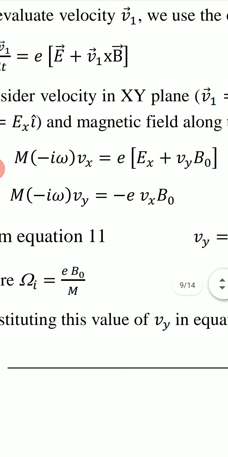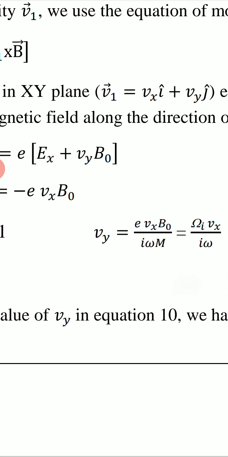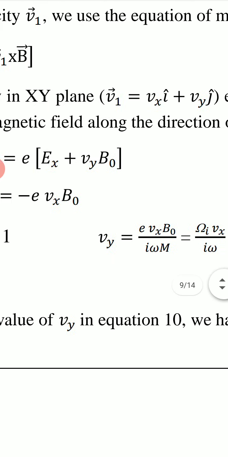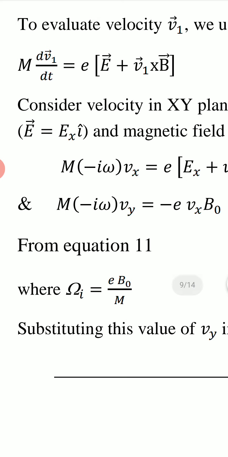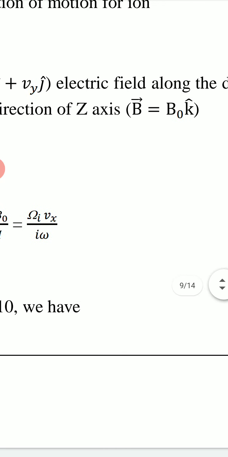Now we consider velocity in the xy plane, that is v1 vector is vx i plus vy j. We assume the electric field along the direction of the x-axis and write E vector as Ex i, and the magnetic field along the direction of the z-axis and write it as B vector equal to B0 k cap.